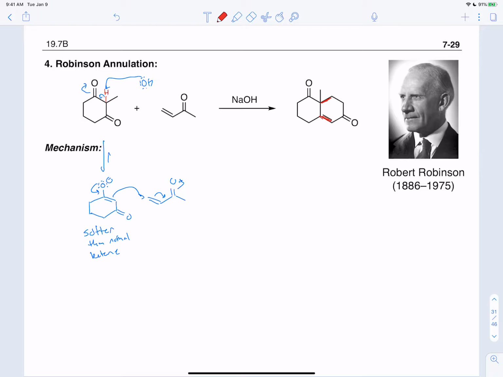We end with one. But this is a case where if we follow the arrows and we think about what steps need to happen, we would definitely expect this hydrogen to be deprotonated first. It's by far the most acidic. And then this is going to be our most reactive electrophile, particularly with a soft nucleophile as an alpha 1,3 beta dicarbonyl.